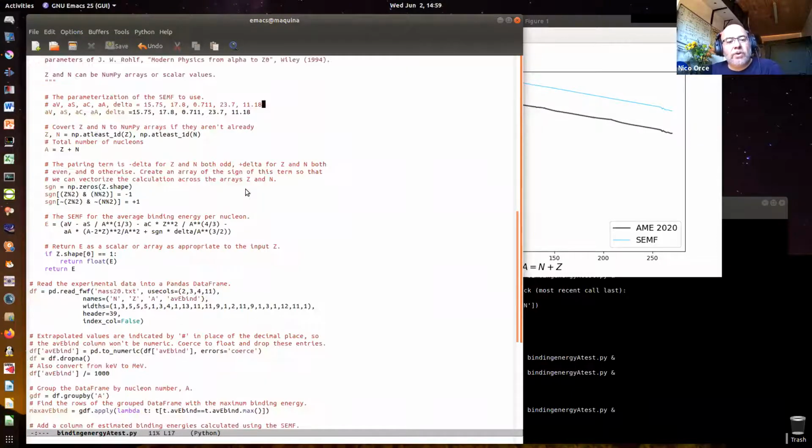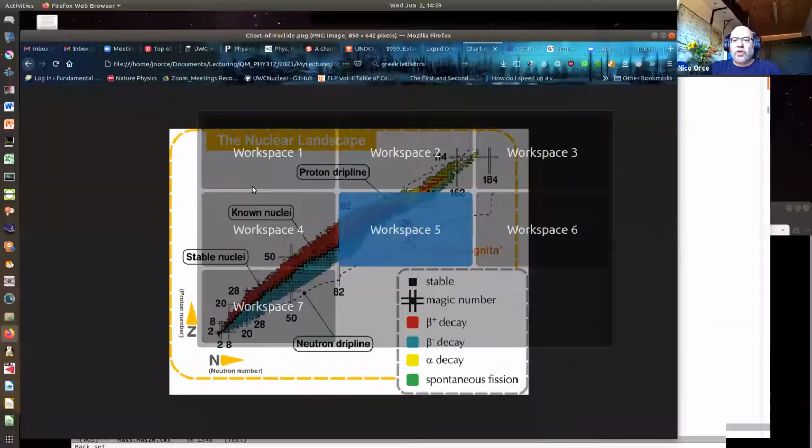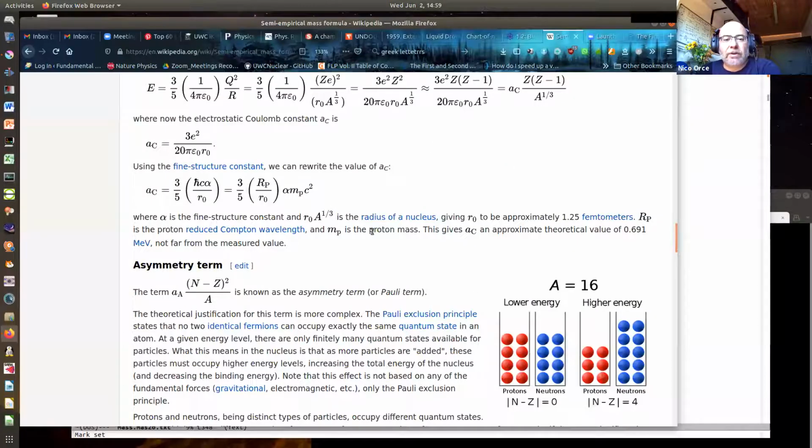But now I want you to go to the script, to the code, and play with different possibilities, different parameters, and change the different coefficients. The last one is the delta coefficient. We haven't talked about pairing, but pairing is a very important factor in nuclear physics.